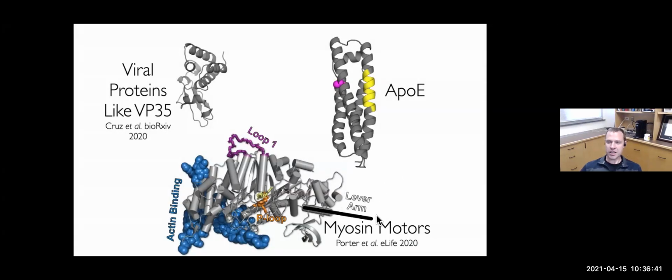And much has been learned, but we still don't understand the system well enough to say, predict a priori how changing some of the amino acids in one of these proteins is going to change how fast they move, or if they move, or how they're going to respond to being under force. And so these are really fascinating proteins, and they're also very medically important. They're some of the most mutated proteins in human disease.